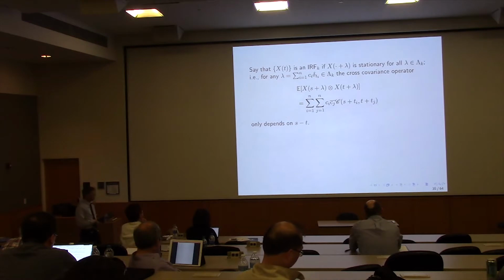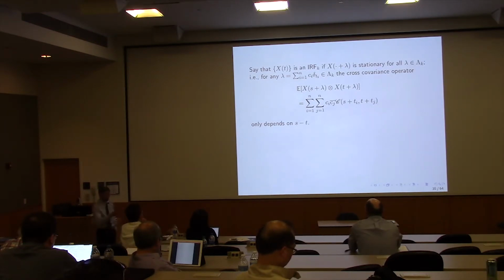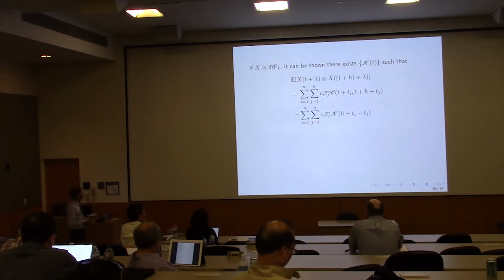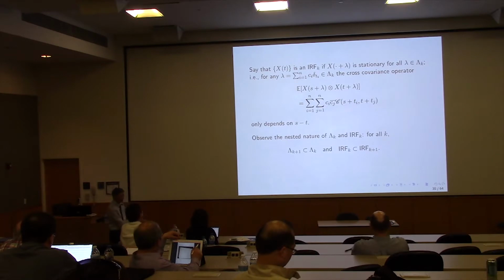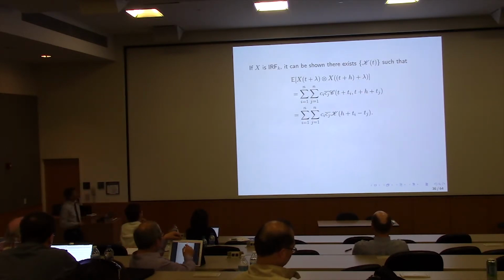That's what stationarity means. So this is kind of like the linear basis function Grace mentioned this morning. We have a notion of second-order stationarity, where the second differences are stationary. So this is general, this is lambda k. For every k, this is defined.